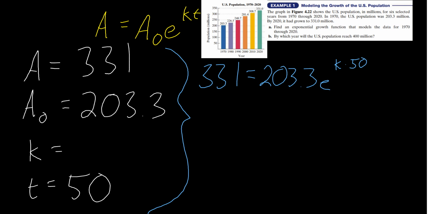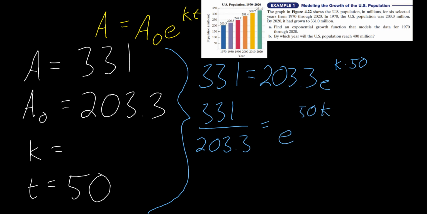So the first thing we're going to do is we have to solve for K. So we're going to have to divide both sides by 203.3. So we're going to have 331 divided by 203.3, and that's going to be equal to E to the, let's just write 50K. All right.